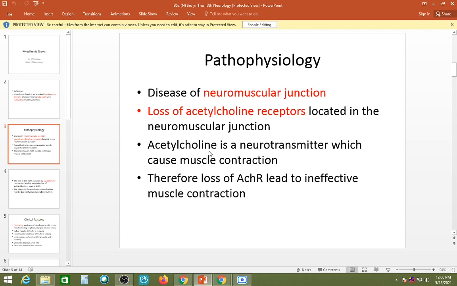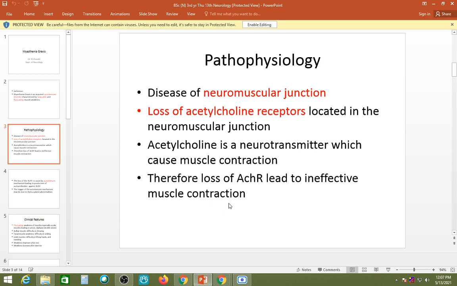And this neurotransmitter, acetylcholine, will fix to that receptor, the acetylcholine receptor, to help in muscle contraction. But what happens when this acetylcholine receptor is destroyed or lost? Then this neurotransmitter cannot attach to them, and therefore it cannot cause muscle contraction. So loss of this receptor leads to ineffective muscle contraction, and that is the cause of this muscle weakness.